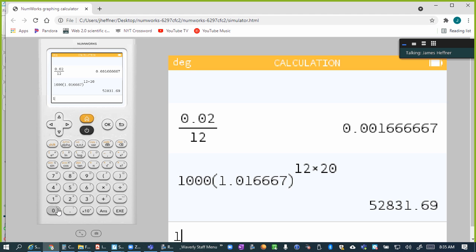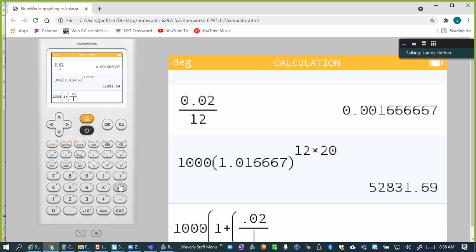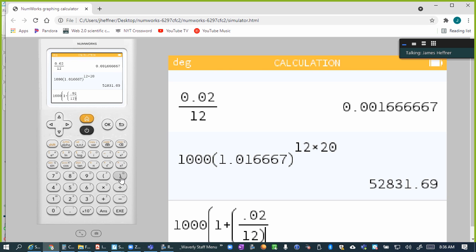Let's do 1,000. Let's not even put the simplified version in. And 1 plus, I'm going to parenthesize this fraction. 0.02, everybody see what I'm doing? Divided by, what do we say, 12? Close that. Oh, I see what I'm doing.